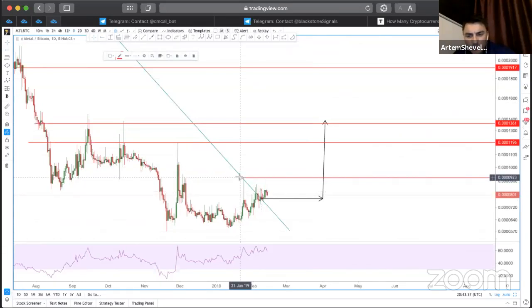We need a breakout from 923. We have rising lows, which is good, but not very good because it's still not confirmed yet. We need to go sideways, I think, for a few days, maybe a few weeks, maybe into the end of March. We're going to have some action here.